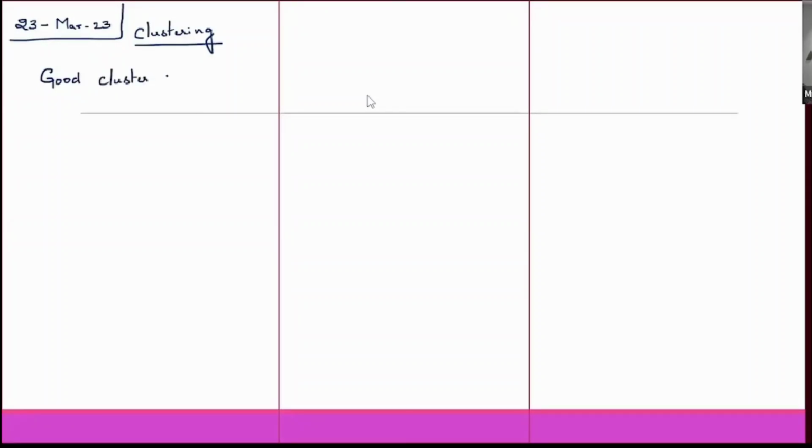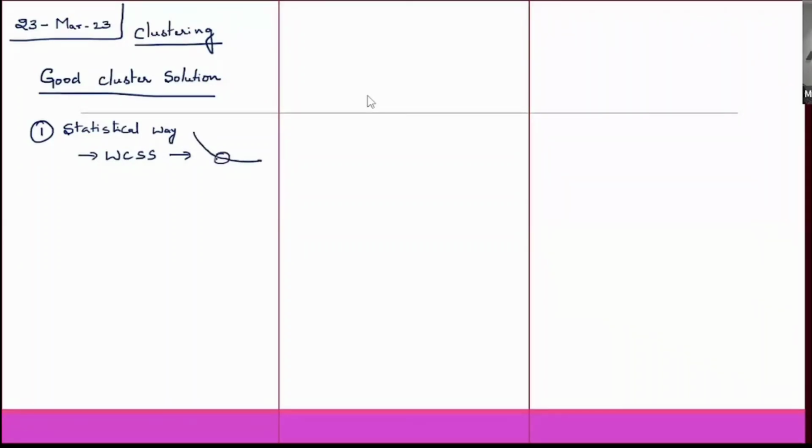One is a statistical way, wherein we can use the within cluster sum of squares, and where the within cluster sum of squares suddenly takes a kind of flatness, that could be the number of clusters that we can typically suggest.